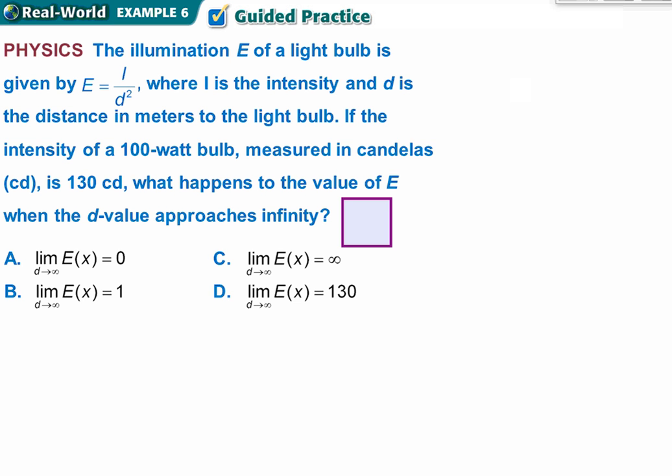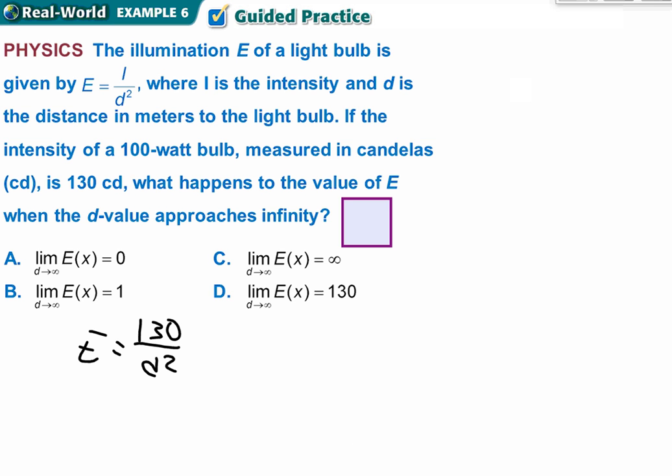If the intensity of a 100-watt light bulb measured in candelas is 130, what happens to the value of E as D approaches infinity? So think about this. We'll have I as a constant. It's 130. So this is E equals 130 over D squared.